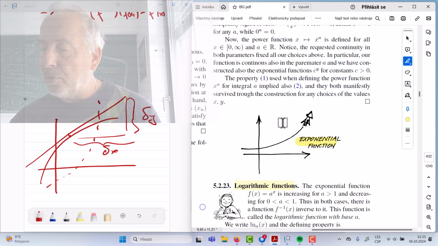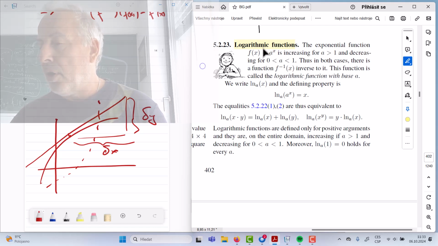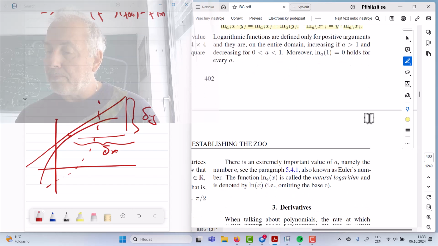So that's very good. And then we know there will be the inverses, right? And the inverses from the same rules, this is the definition of the inverse, and it must just obey this property. That's very good.